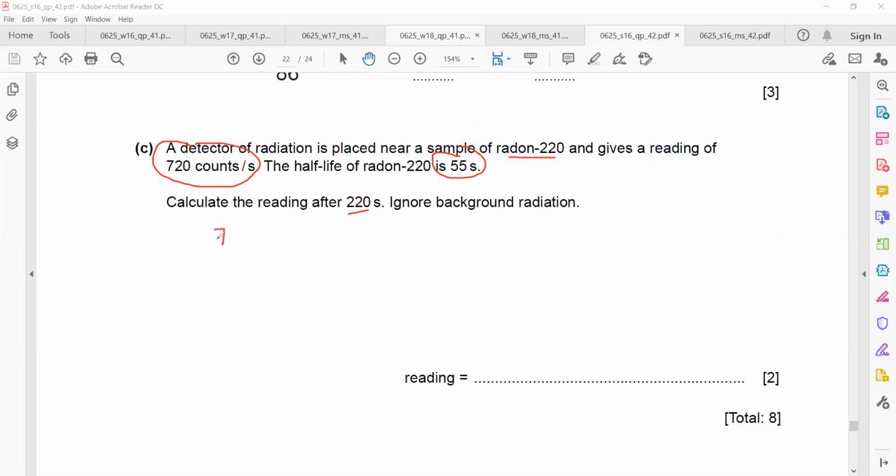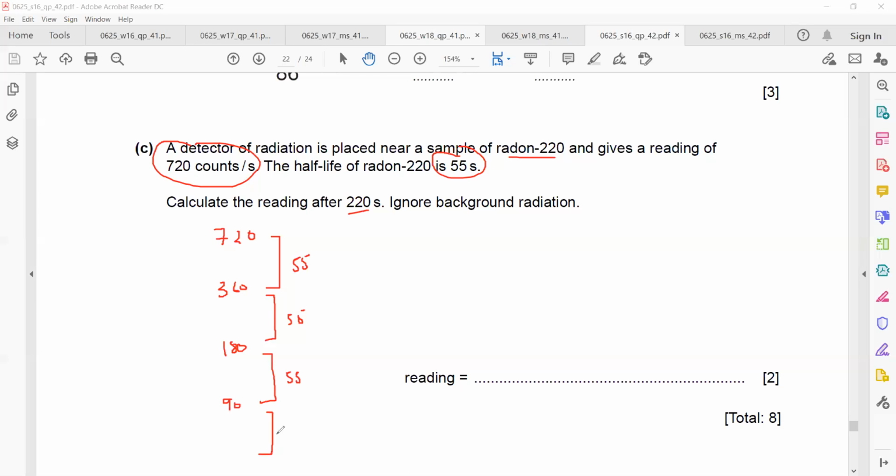So it is 720. After 55 seconds, how much? 360. After another 55 seconds, how much? 180. After another 55 seconds, 90.